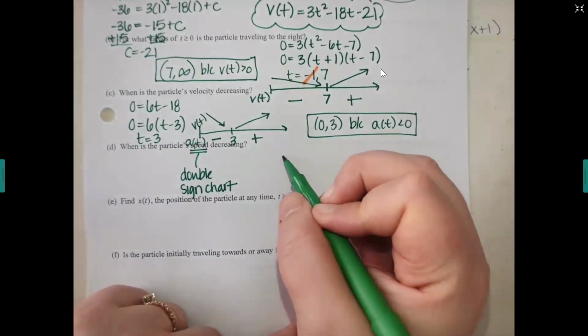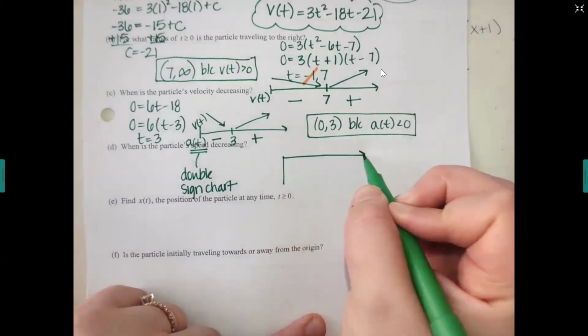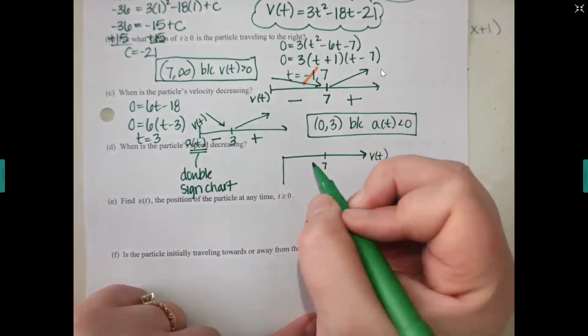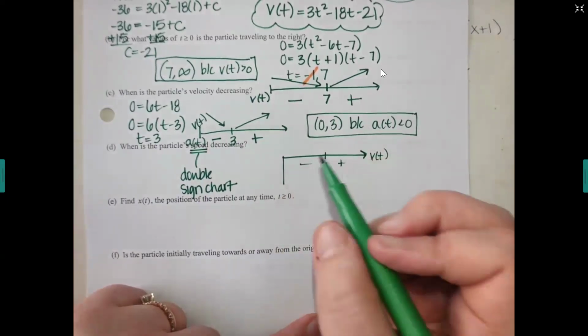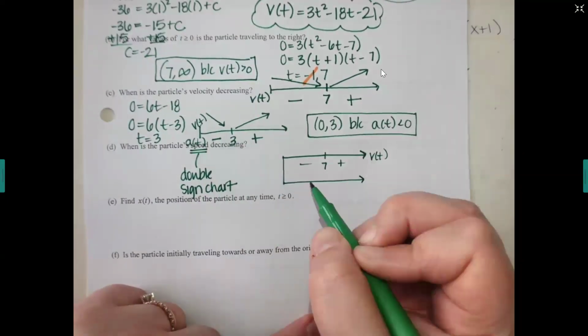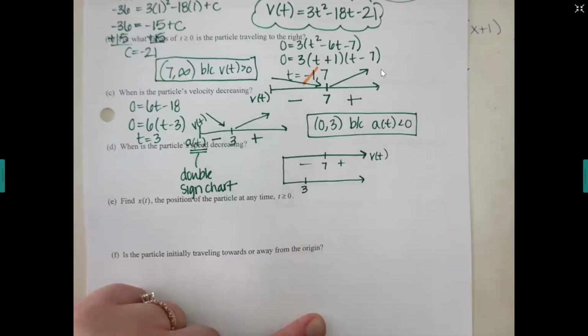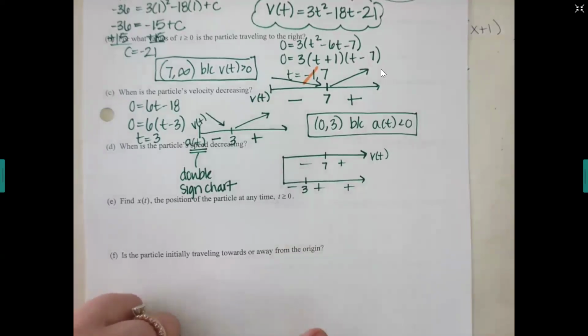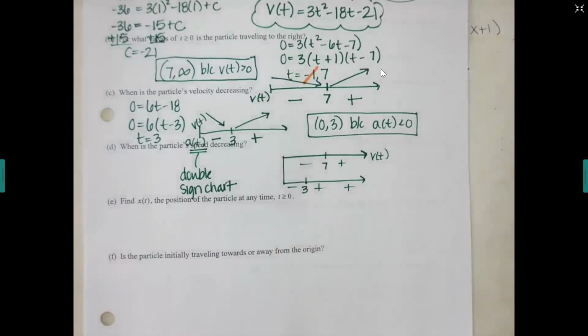So I'm going to do that right here. My velocity critical number was 7. It went minus plus. My acceleration number line changed at 3 and it went minus plus. And then I'm just going to put the pluses across the bottom since there's kind of a big gap.